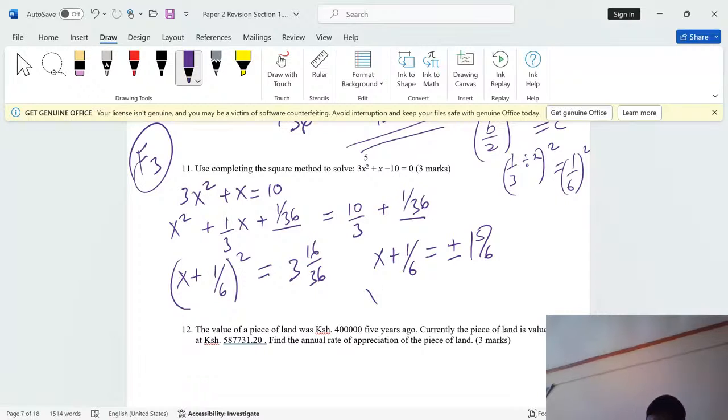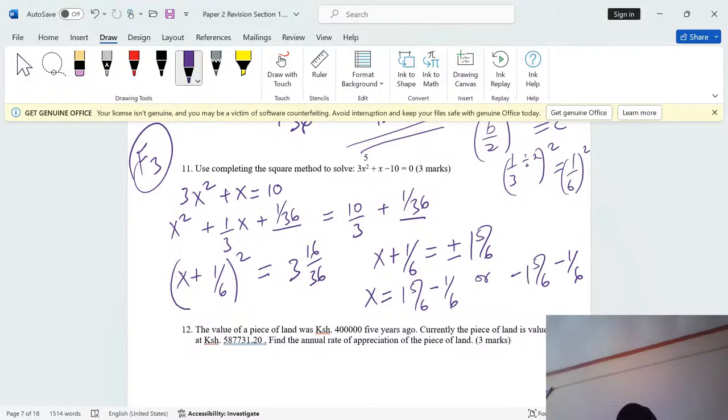This means to remain with x, we need to take either 1 and 5 over 6 minus a sixth, or negative 1 and 5 out of 6 minus a sixth. So in the first case, when we subtract a sixth, we're going to get 1 and 2 thirds.